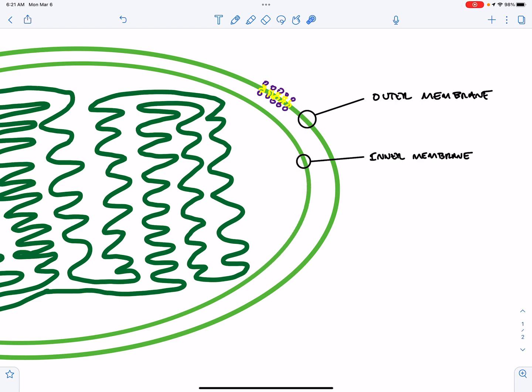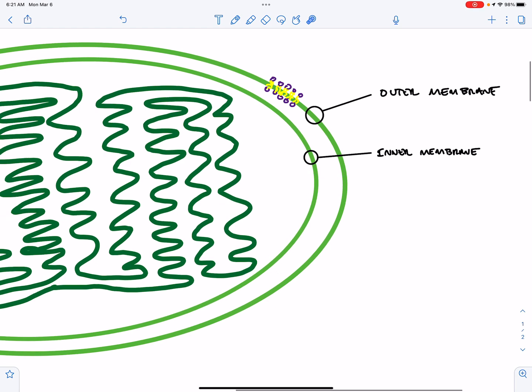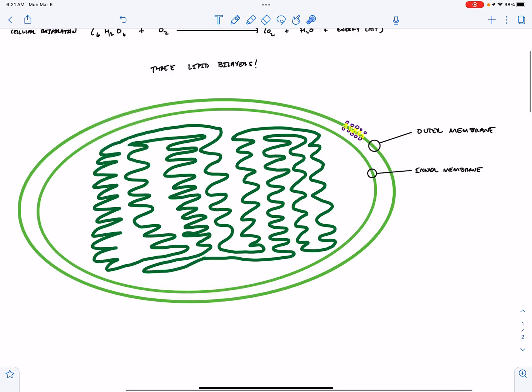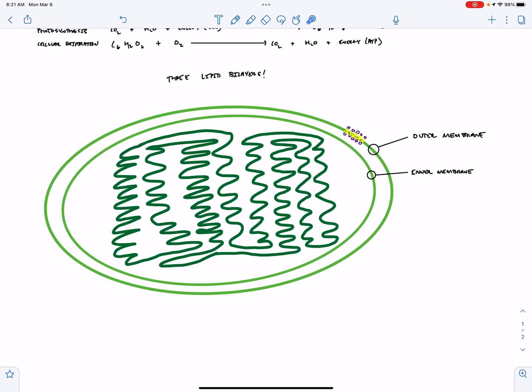What we're doing here is creating a series of compartments that are going to be functionally different from one another. So the spaces inside of these membranes are going to be areas where we're going to actually build up concentration gradients and use those concentration gradients to power stuff in the system.